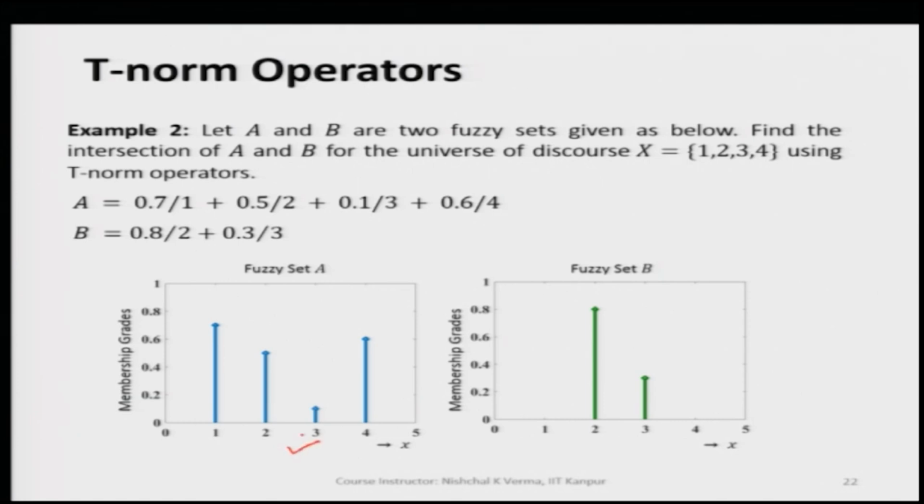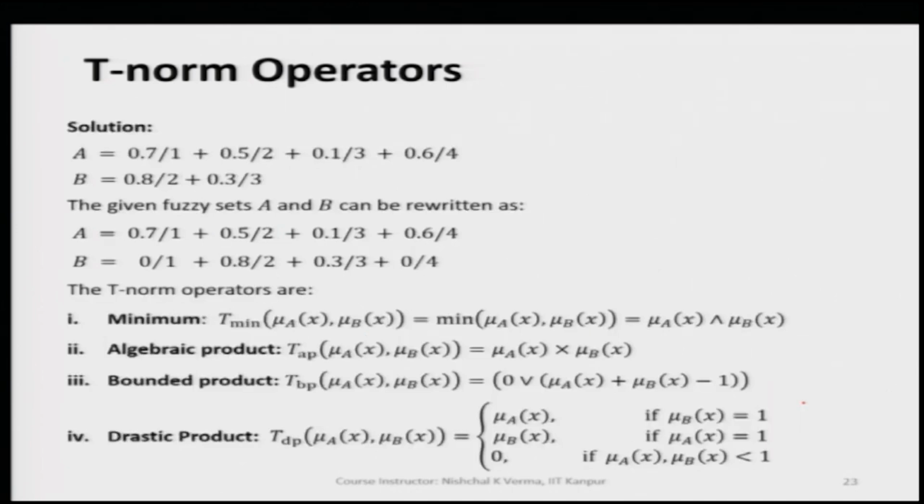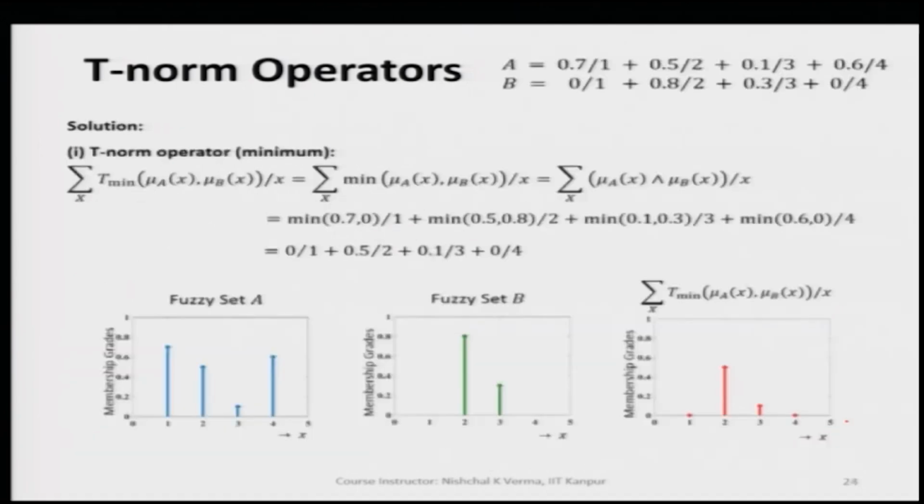So, we can see here fuzzy set A and fuzzy set B, and when we apply the T min criteria, when we are interested in the T norm of mu A of x and mu B of x as the minimum, then we apply this criteria. Similarly, for algebraic product we apply this criteria, for bounded product we apply this criteria, and for drastic product we apply this criteria.